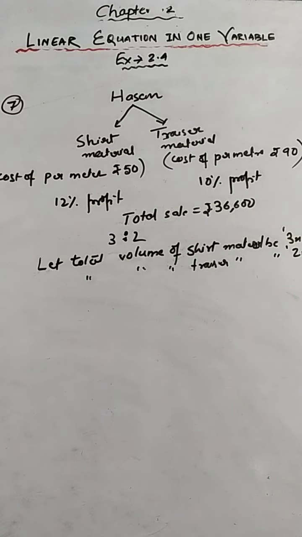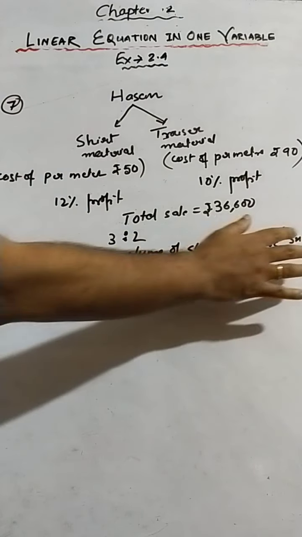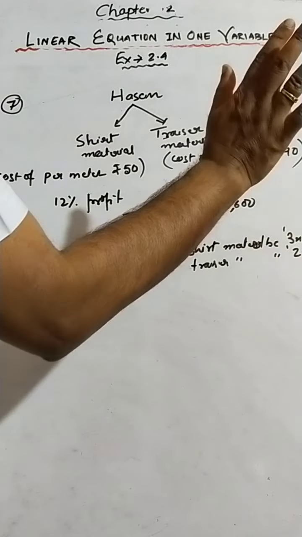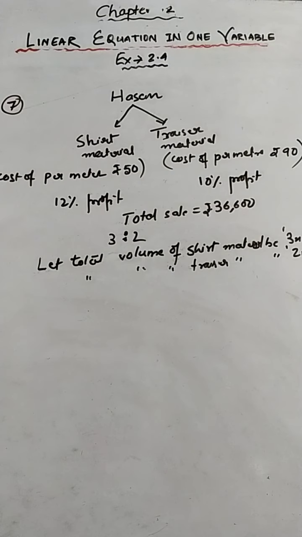Okay, so this is what we have learned, that the total volume of shirt material that Hassan bought is 3x and the total volume of trouser material is 2x.